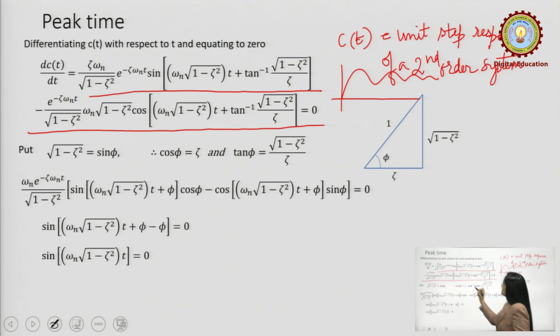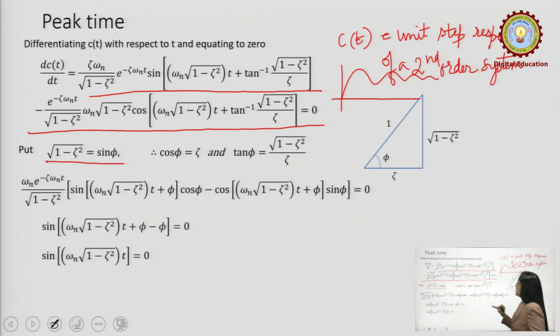So, manipulating the terms here, we have a term root of 1 minus zeta square, as also discussed during the second order system. Here we can see that if this is phi, and this is root of 1 minus zeta square, this is zeta and this is 1, then what would be sin phi?